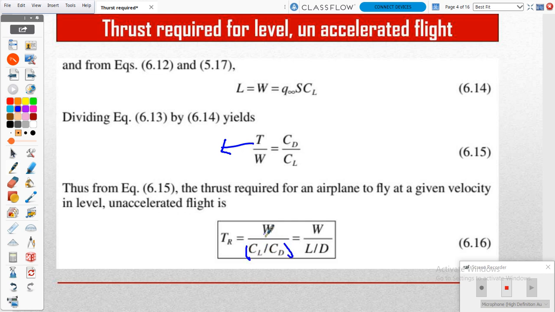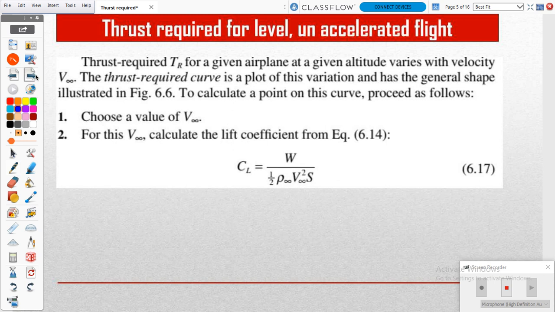This is the rearrangement of the previous equation. So we can simply classify CL divided by CD as the L by D ratio, lift to drag. So TR equal to W divided by L by D, that is the final value for this thrust required.